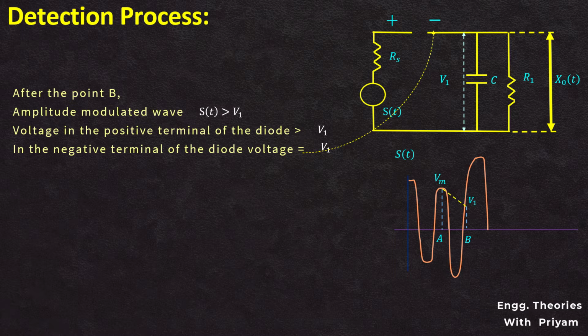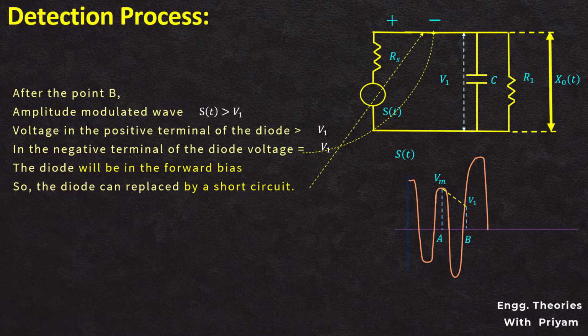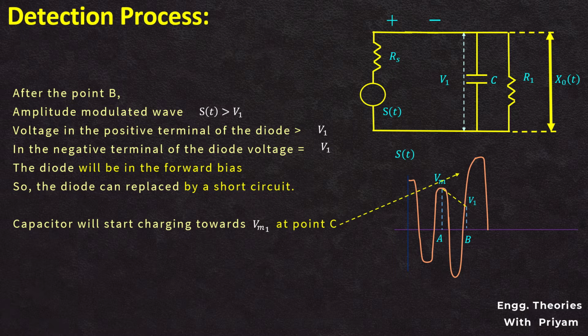As the voltage at the positive terminal of the diode is greater than the voltage at the negative terminal, the diode will be in forward bias, so the diode can be replaced by a short circuit, and the diode will start conducting, and due to this, the capacitor will start charging. Charging of the capacitor will continue until the voltage across the capacitor reaches a new peak value Vm1, which is indicated by point C. And this process of charging and discharging of the filter capacitor will be repeated.